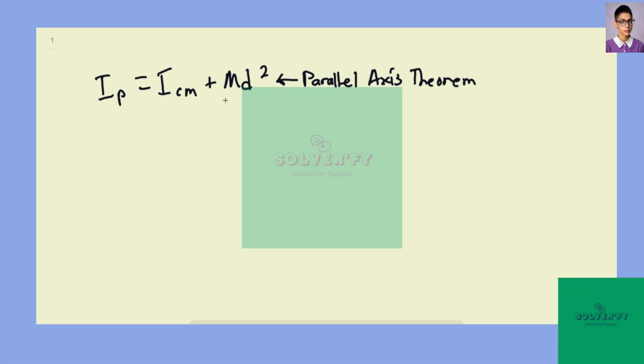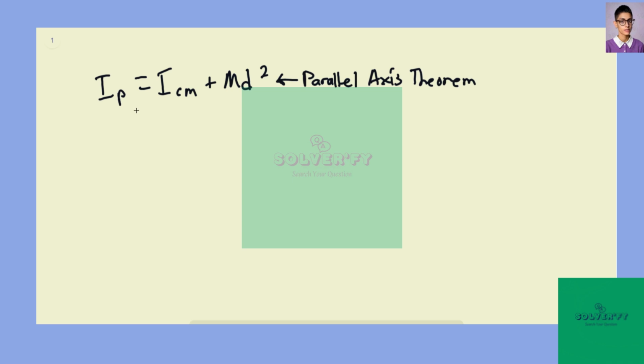And at this point, we know that d is the distance between the axis associated with the moment of inertia through the center of mass, and so basically the distance between that and I_P, the moment of inertia through a parallel axis.